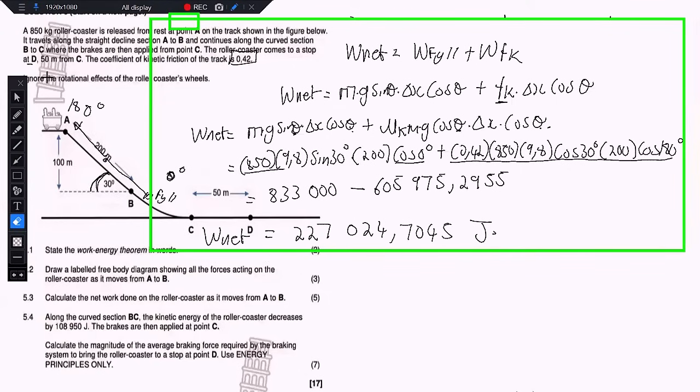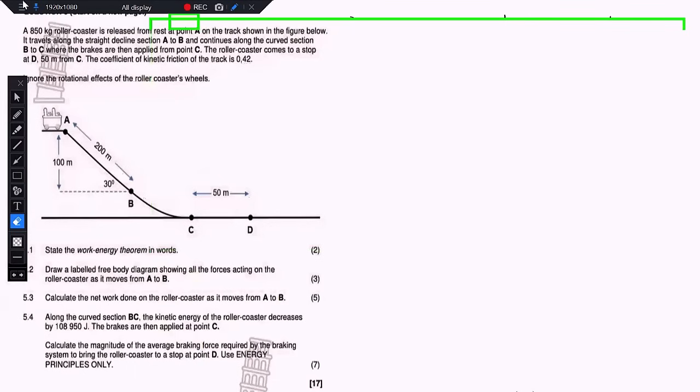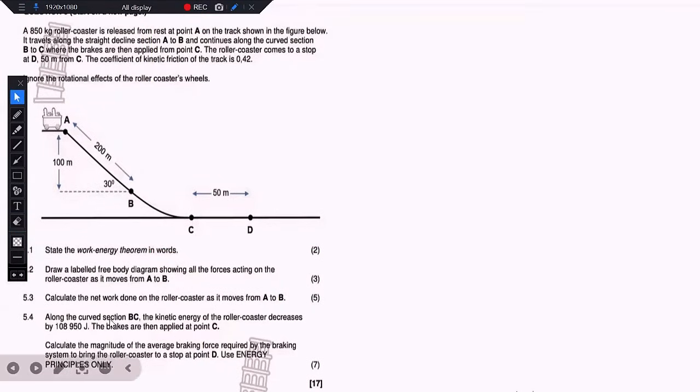Now 5.4, the last question that we have there, they are saying along the curved section BC, the kinetic energy of the roller coaster decreases by 108,950 joules.